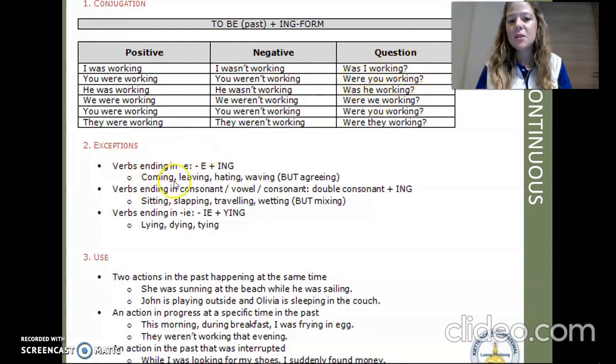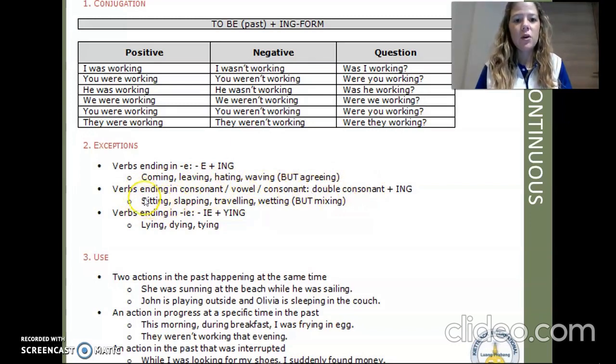Then the exceptions, again, when the verb ends in an e, you take away the e and you add ing. Coming, leaving, hating. Verbs ending in consonant, vowel, consonant, then you double the consonant, so it's the same as before.